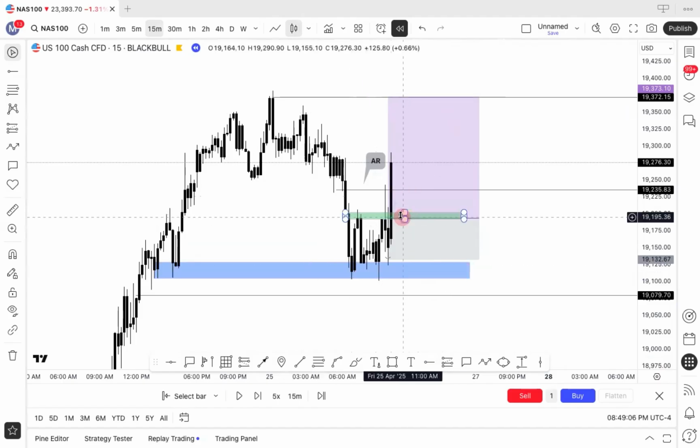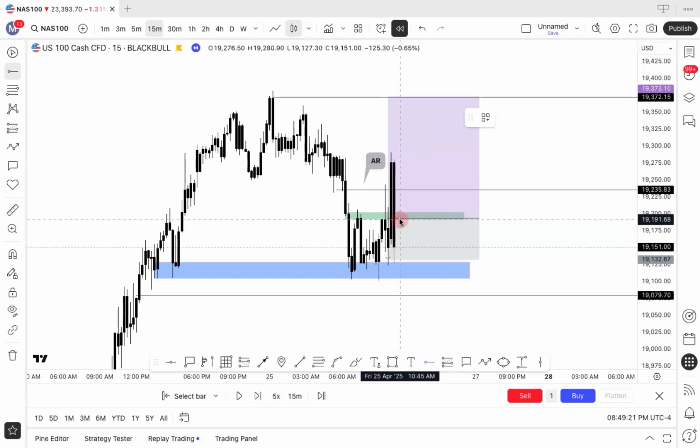So let's just say when price did this reaction here, you already got tapped in because you put a limit. So you got tapped in here and then price ended up going even lower, right? And you got stopped out. And that's okay. That's why entering on market execution to me is honestly really great for that. But even if you did, that's okay.